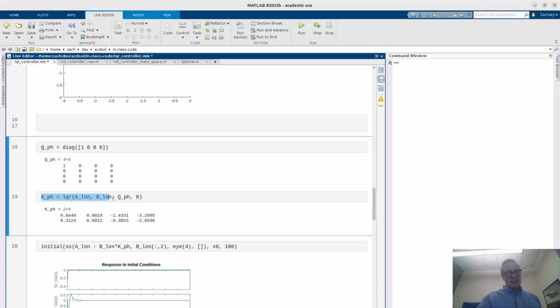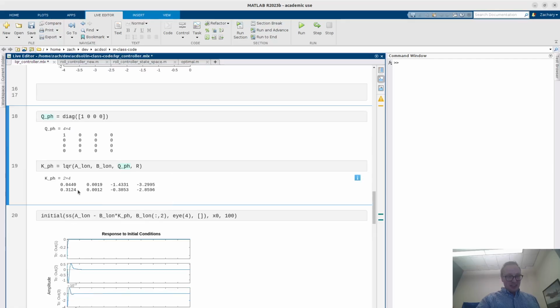Call this one line LQR with now Q phugoid instead of Q short period. That gives me a different gain matrix, and you can go back and compare these to maybe gain matrices that we calculated in class to see if they're similar or not.